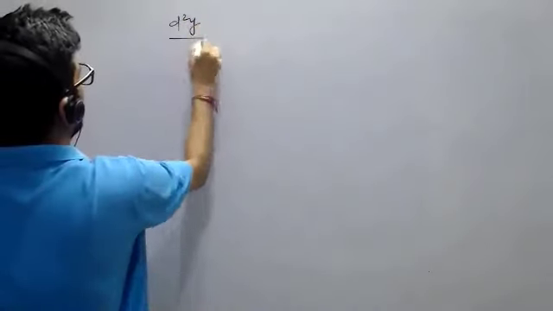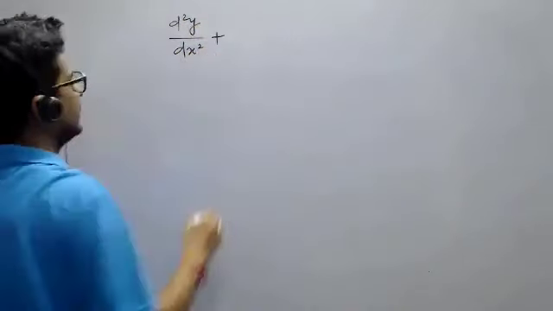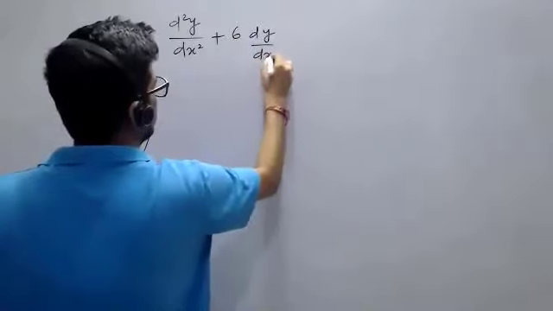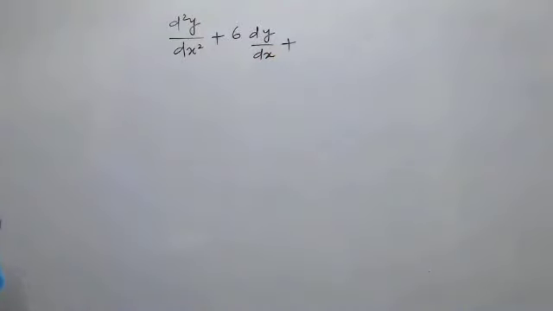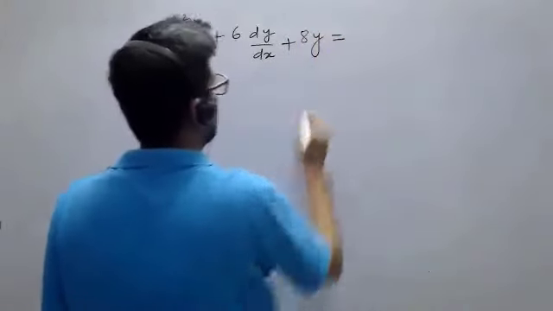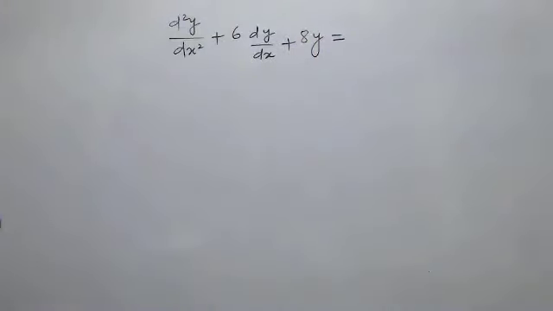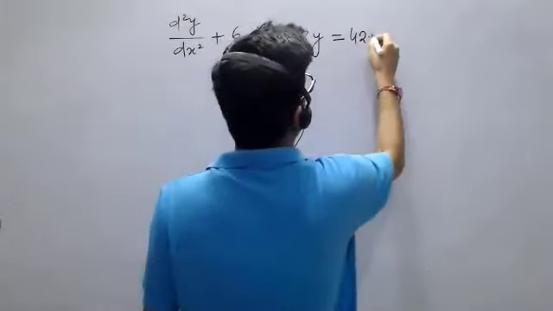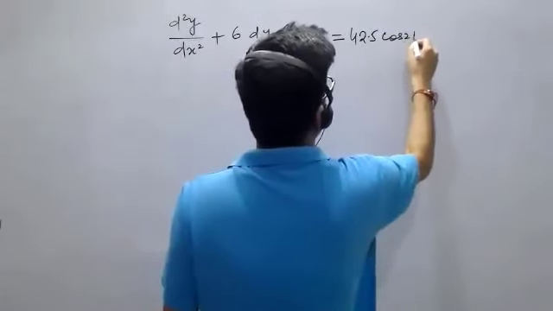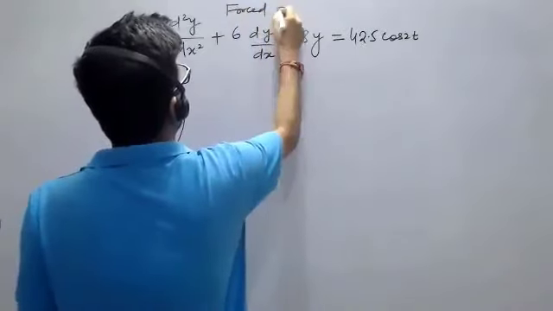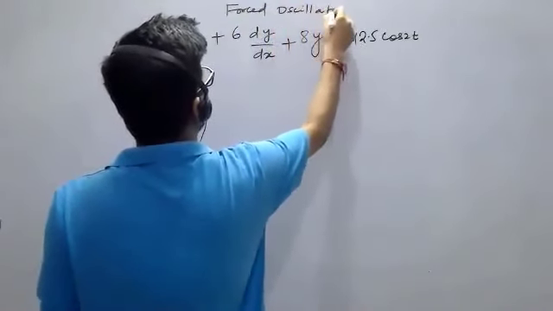So let me take an oscillator: d2y by dt2 plus 6 dy by dt plus 8y is equal to 42.5 cos of 2t, and this is an example of a forced oscillator.